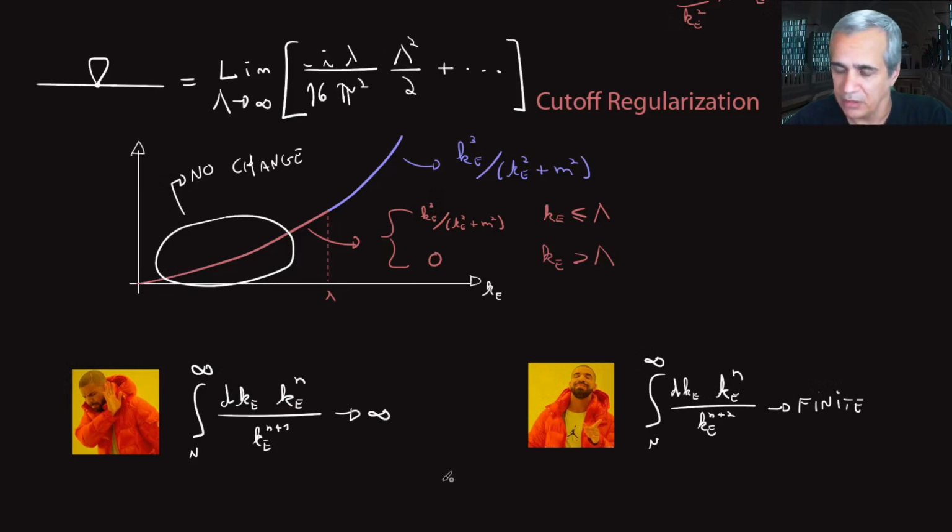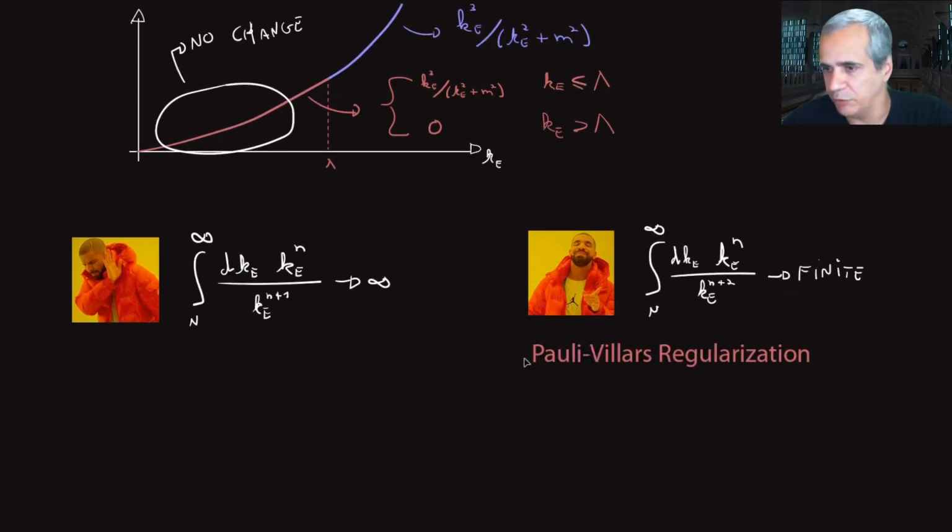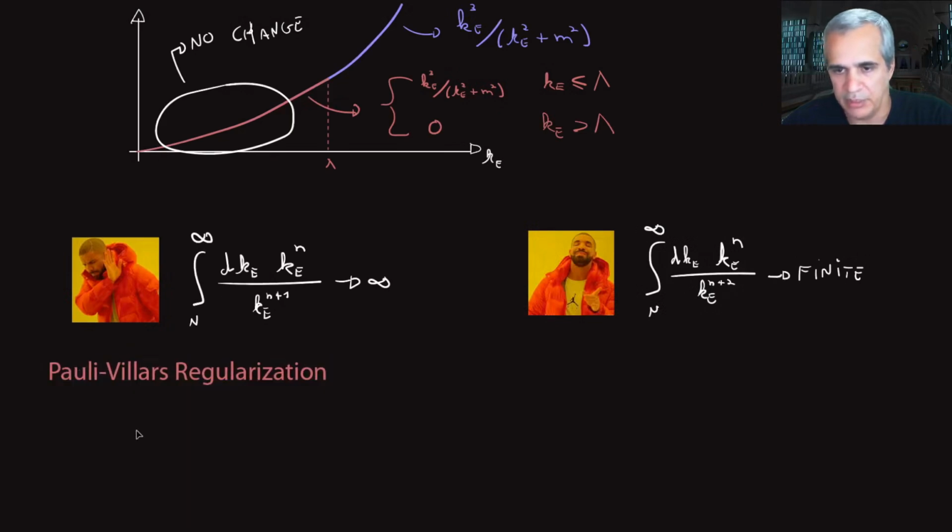Now, that tells us that any trick that I can use that increases the power of momentum in the denominator, in the high momentum region, without changing my theory at the low momentum region, will be a regularization. And that's the spirit behind the Pauli-Villars regularization. So that's what we'll do now.